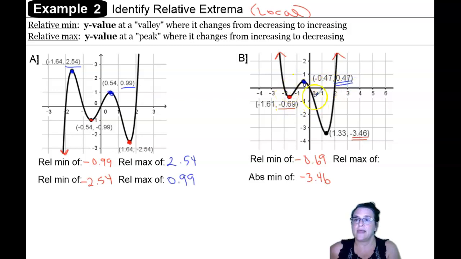That's a hill, or a peak, so that would be a relative maximum of 0.47. It's not the absolute maximum, because the end behavior goes up to positive infinity in the y direction. It's just relative between the interval negative 1 to 0, a relative max or local max.